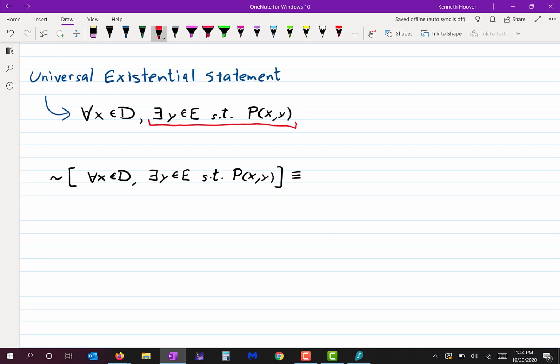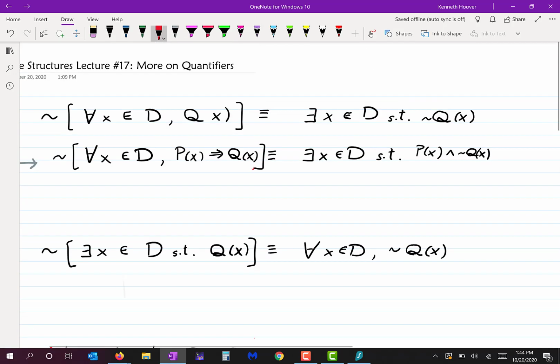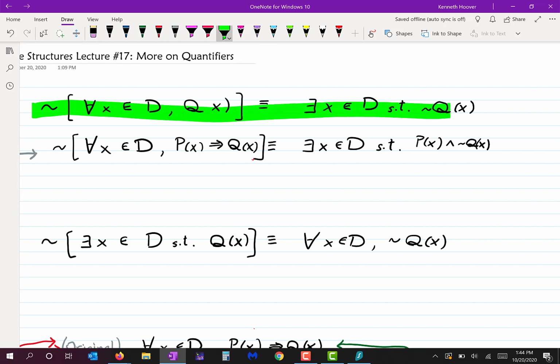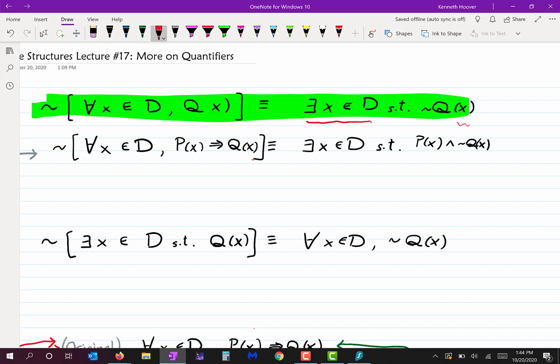The universal quantifier turns into an existential quantifier. And what comes after the words such that should be the negation of this, right? Look back up at the top. When you negate a universal statement, the universal quantifier turns into an existential quantifier. After that, you get the negation of what came after the universal quantifier here.